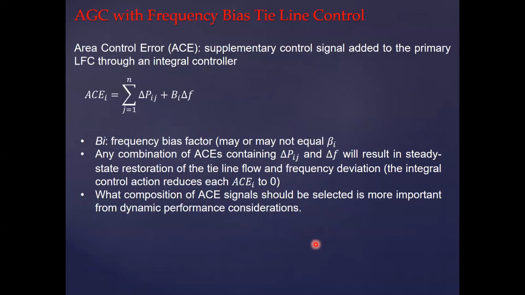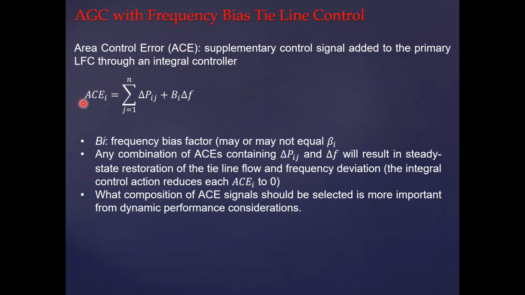So, from the previous slide, now we write down the control signal, which is basically the area control error. This area supplementary control signal is added in the primary control loop through the integral controller.